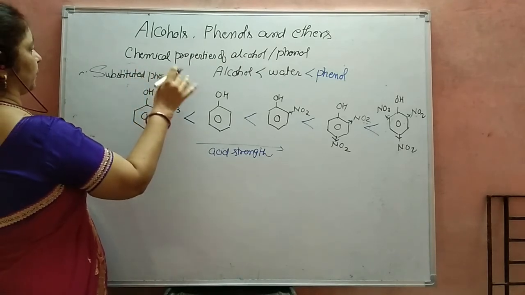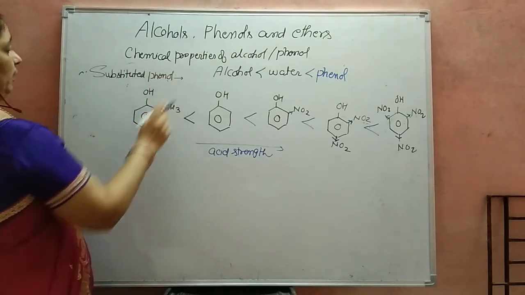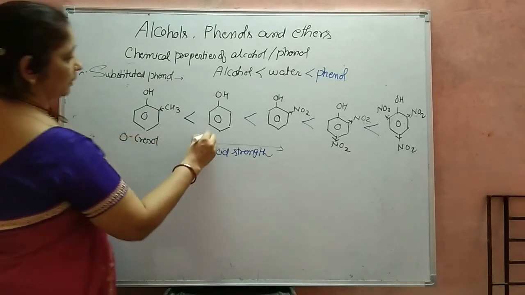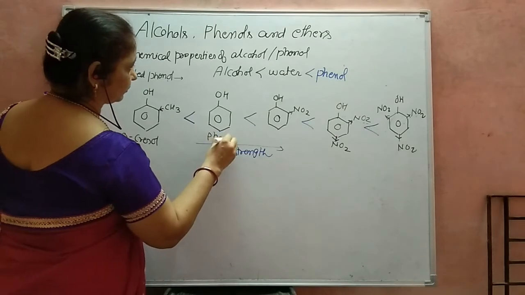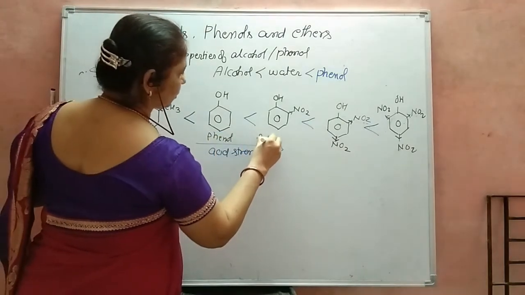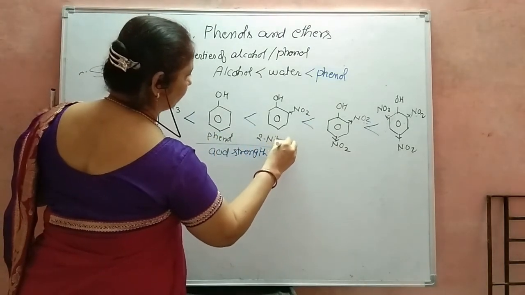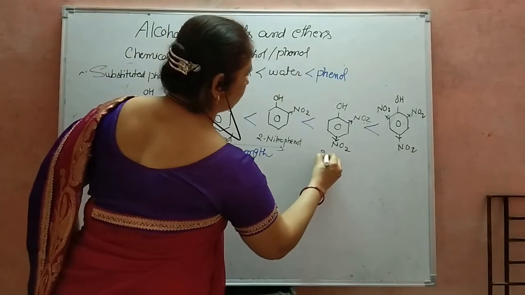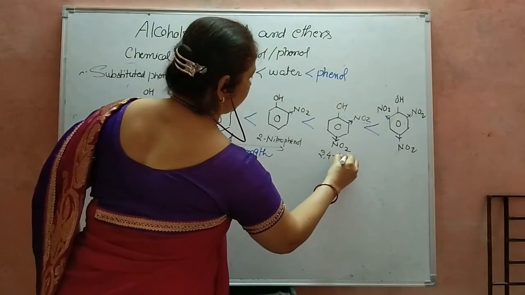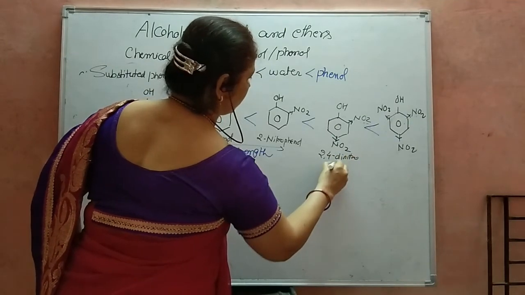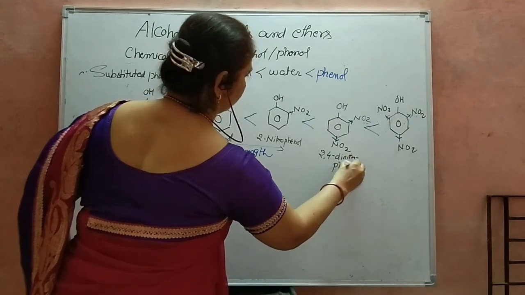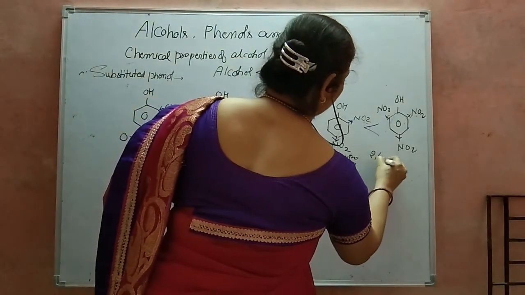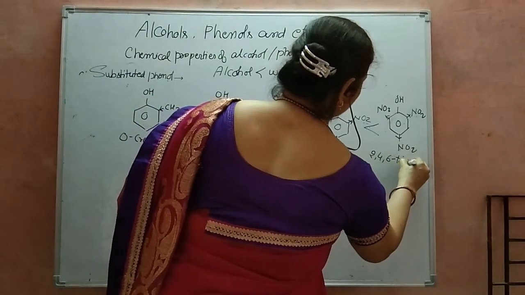Phenol के और substitute किया हमने। ये ऑर्थोक्रिसॉल, this one is phenol, this is 2-nitrophenol, this one is 2,4-dinitrophenol, and this compound is 2,4,6-trinitrophenol.